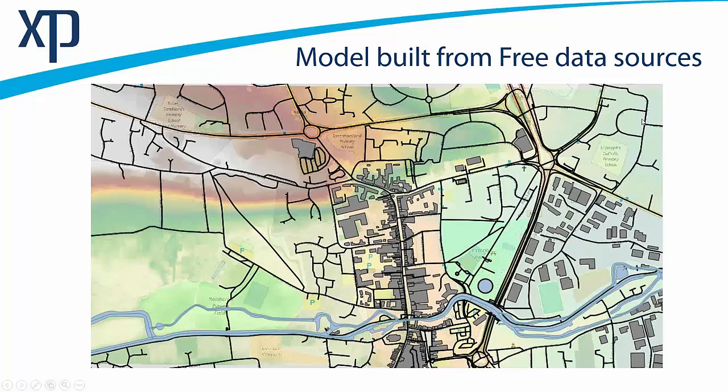So what we're going to do, I'll hand over to Ludmila very shortly, and then she'll show you how we can bring in terrain data. We can then add in the river networks.